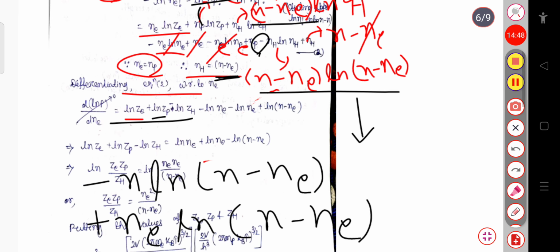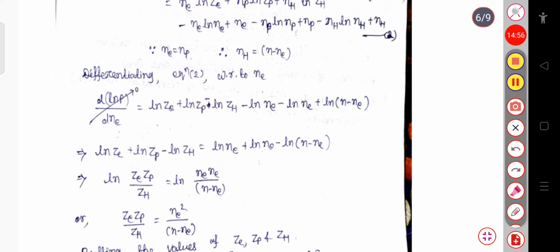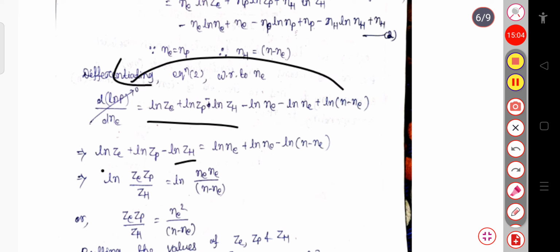Also here this is the term for your Np. So after calculation, ln Zd plus ln Zp minus ln Zh will be equal to, taking these 3 terms here, ln Ne plus ln Ne minus ln N minus Ne.